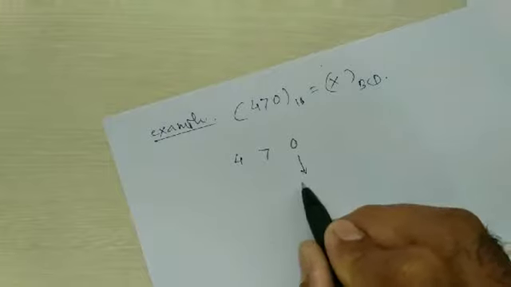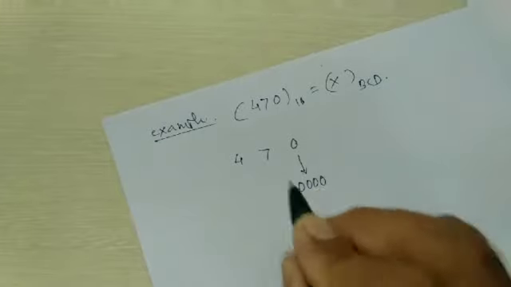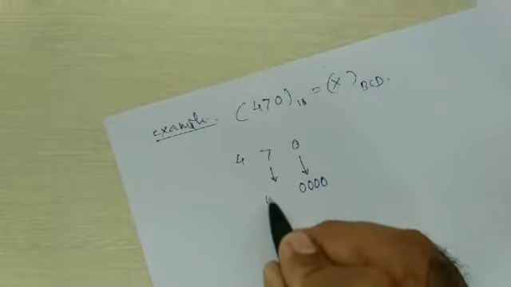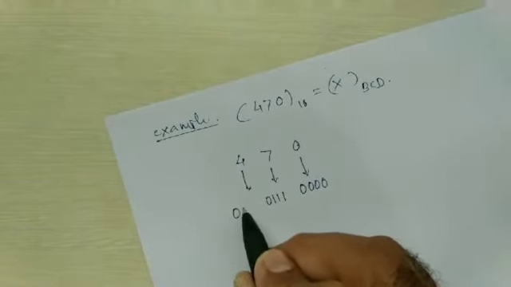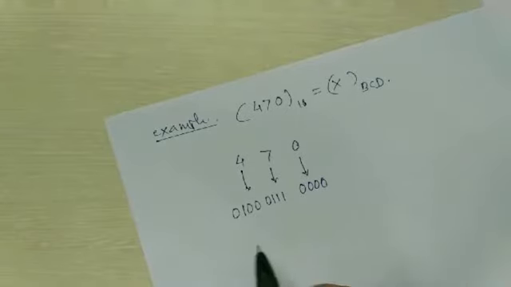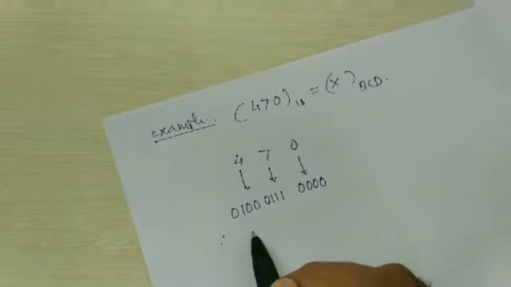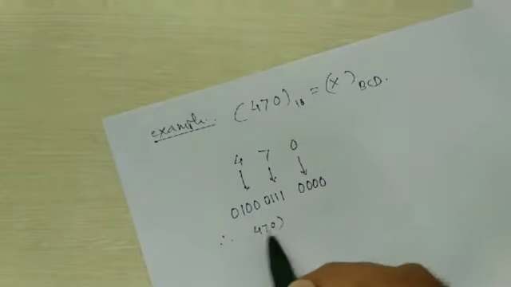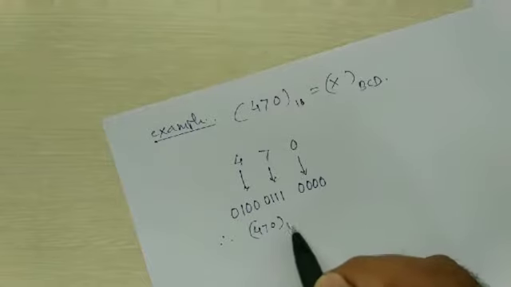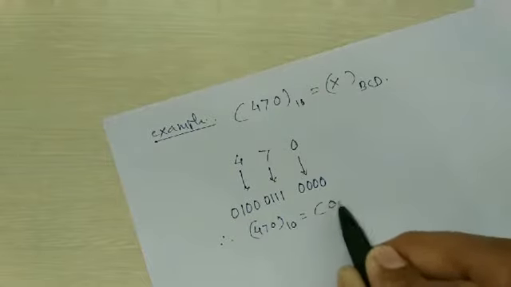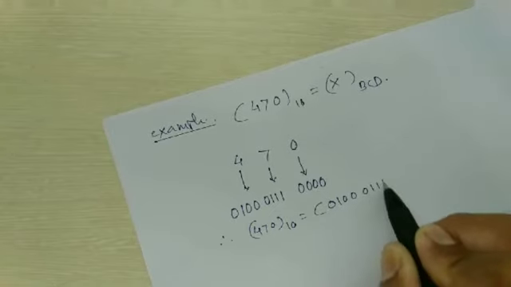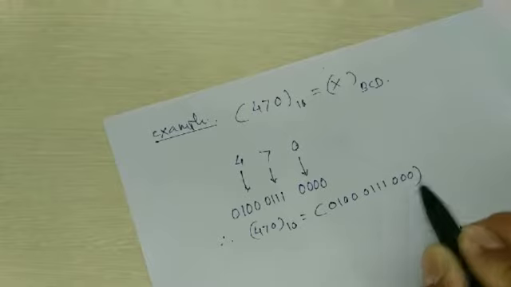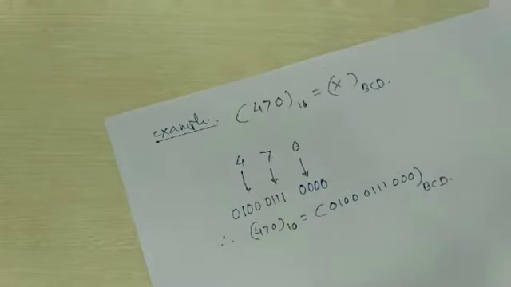There is 0000 for 0, 0111 for 7, 0100 for 4. That is, for 470 decimal, its BCD equivalent is 0100 0111 0000. This is the BCD equivalent of decimal 470.